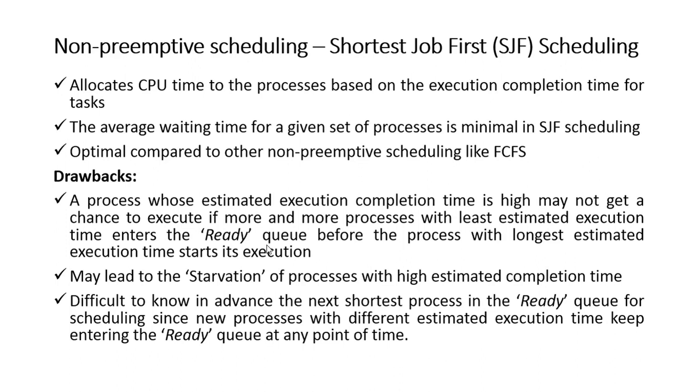Its estimation time is very short compared to the remaining processes waiting in the ready queue, so the new process gets the chance for execution. There is no control over the processes entering the ready queue with the shortest execution time. That is how it is difficult to know in advance the next shortest process in the ready queue, since new processes with different estimated execution times keep entering at any point of time.